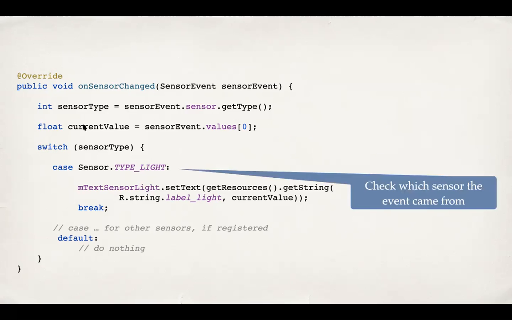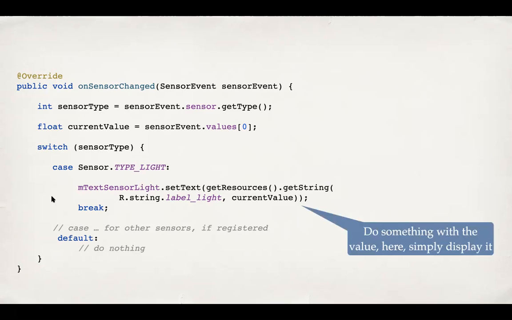Yeah, the next part is fairly straightforward. Switch on the sensor type, which we already grabbed, and then case for each sensor. If you have multiple, we had only registered the light sensor here, so not a big deal. And then once you are in that switch case, you can do whatever you want with the data. In this case, we'll simply display the value on the text view.